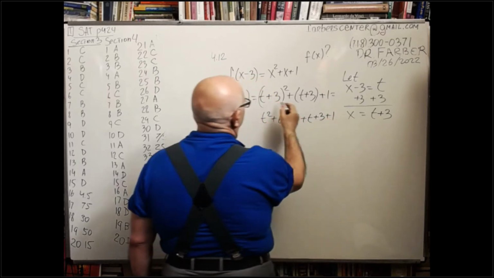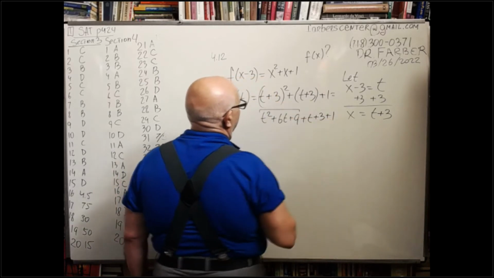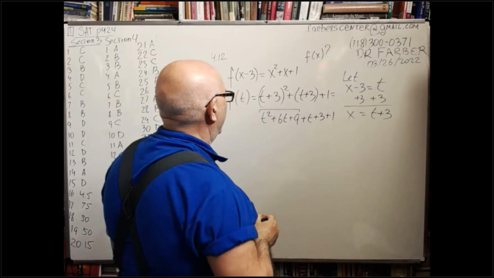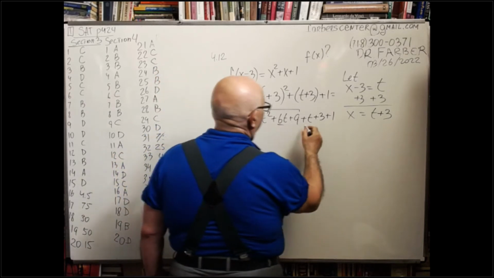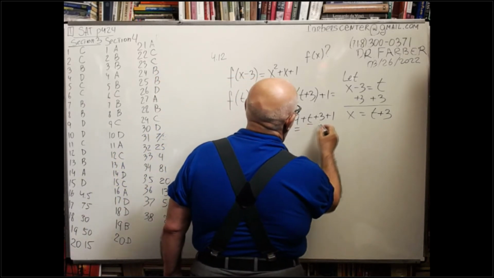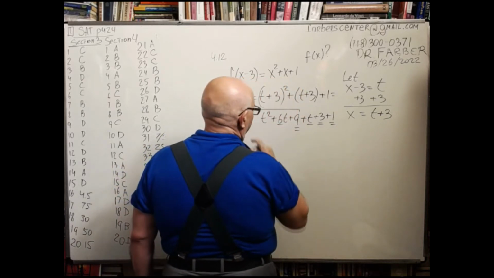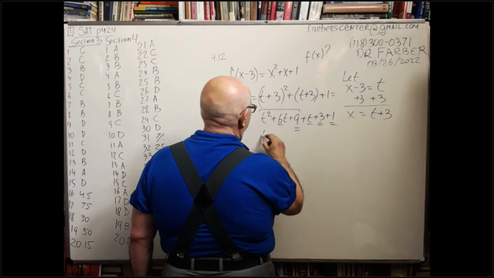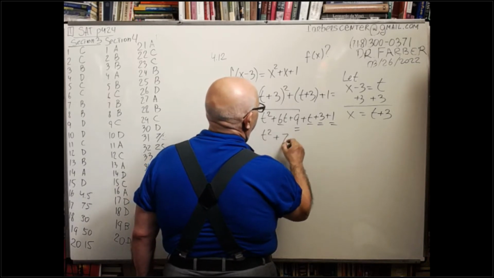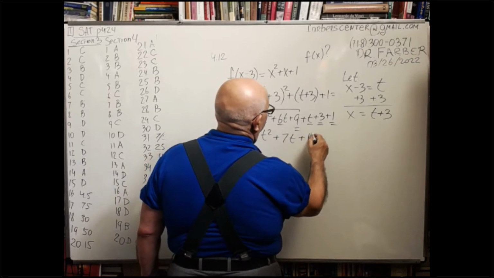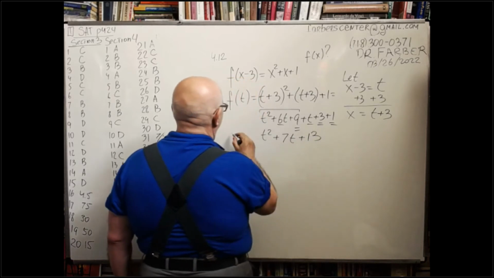I use the binomial formula for this. After that, I combine like terms. I will get t squared plus 7t plus 13, and this is f of t.